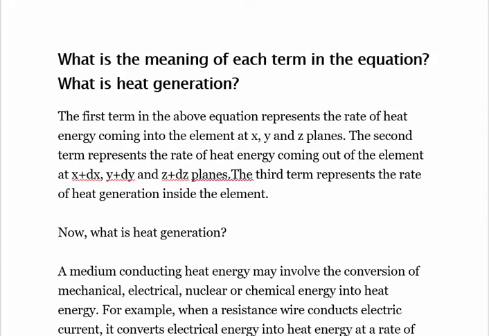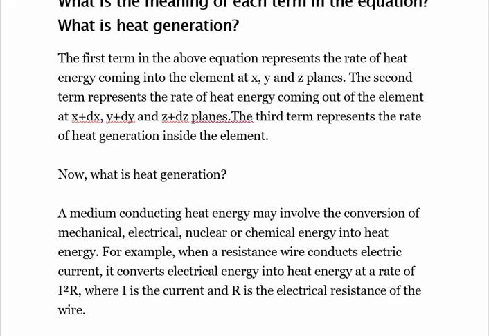For example, when a resistance wire conducts electric current, it converts electrical energy into heat energy at the rate of I square R, that is, the square of the current times the resistance. I denotes the current and R represents the electric resistance.